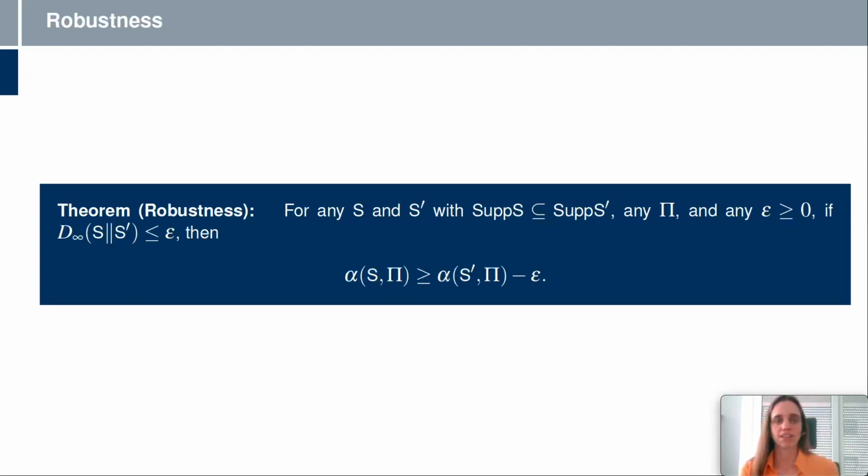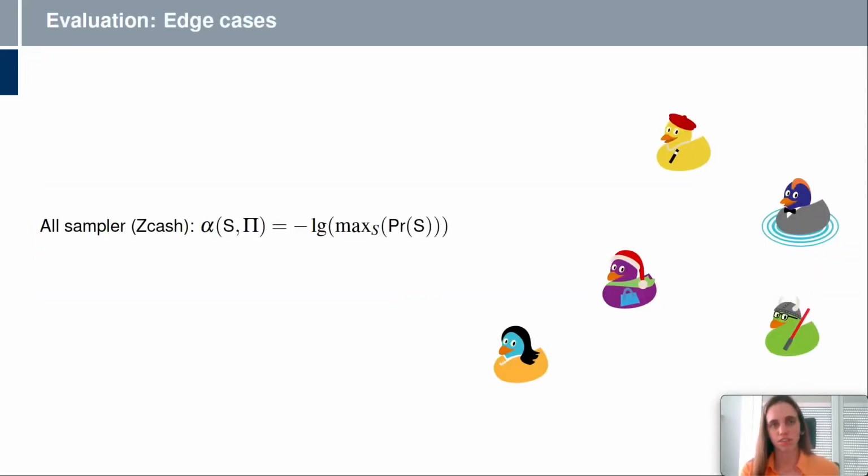And we can see that the measure makes sense by first having a look at two edge cases. The first edge case would be that I simply really use every possible spender within the universe.